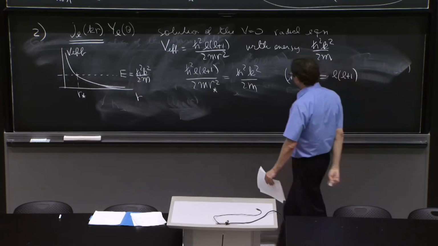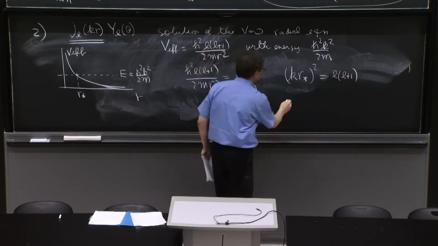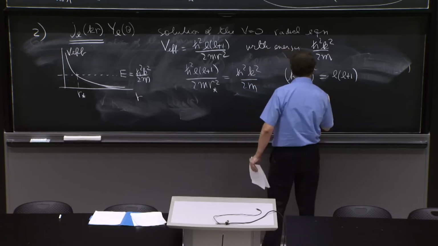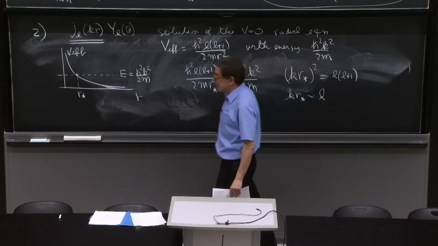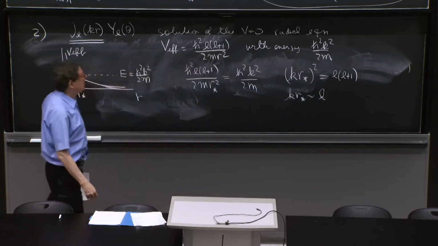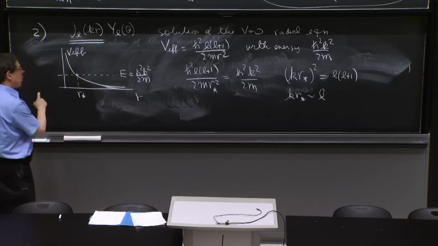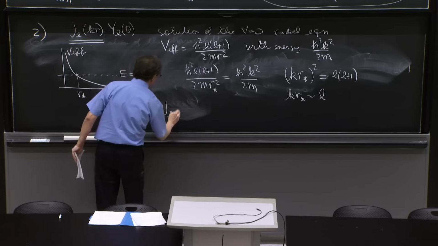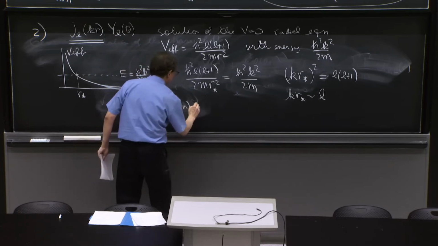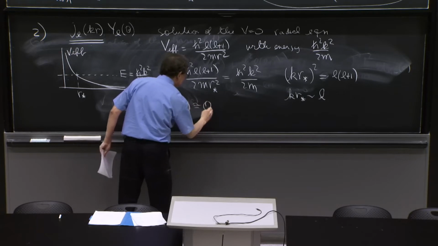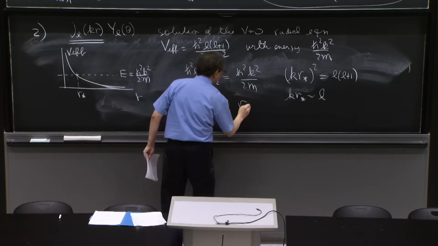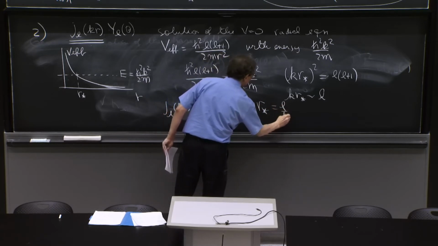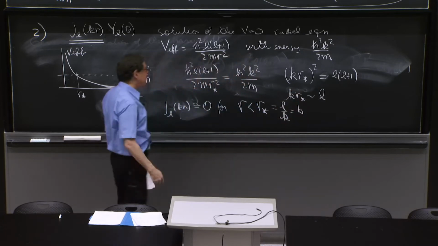And here I can approximate, and I can say that k r star is roughly L. That's the leading order square root. And therefore, the wave function vanishes. This j_L(kr) must be quite approximately 0 for r less than r star equal to L over k, which is the impact parameter.